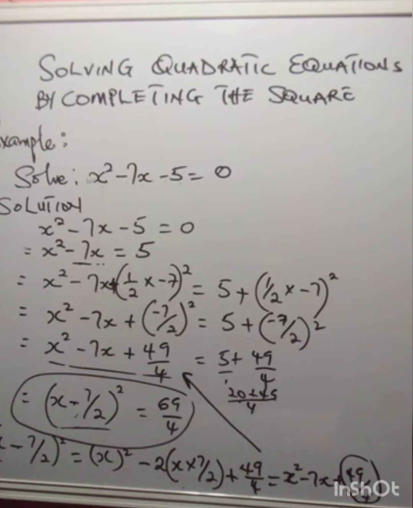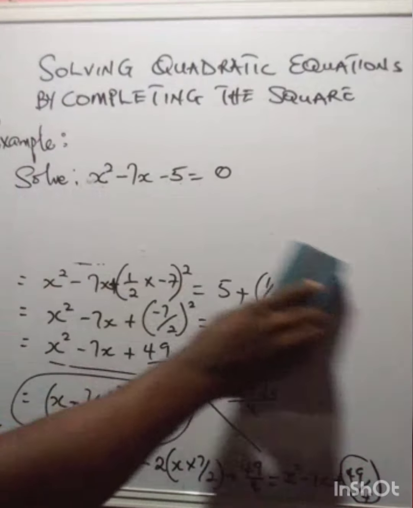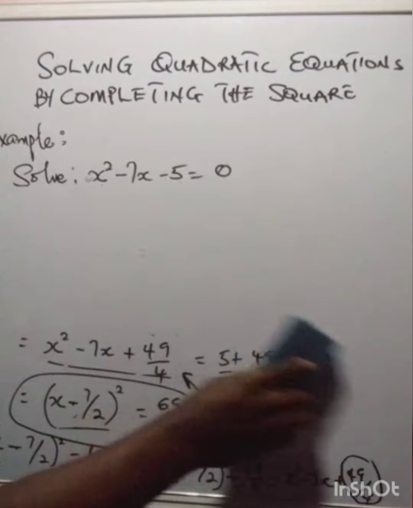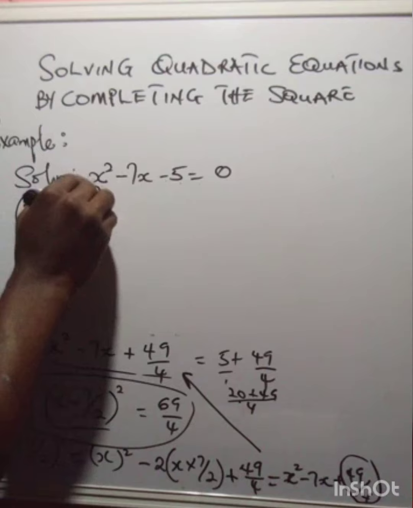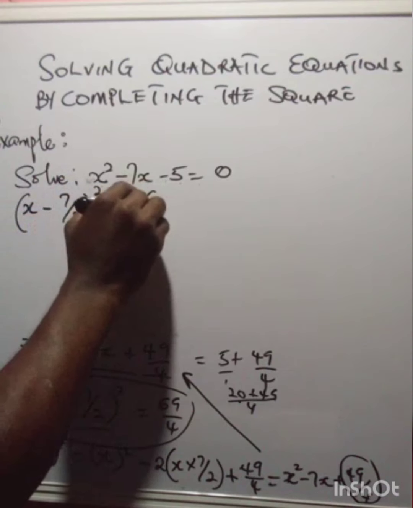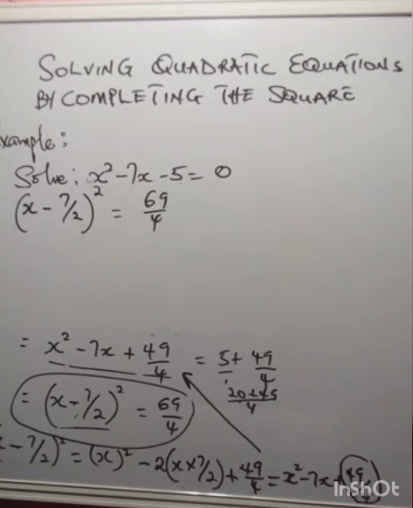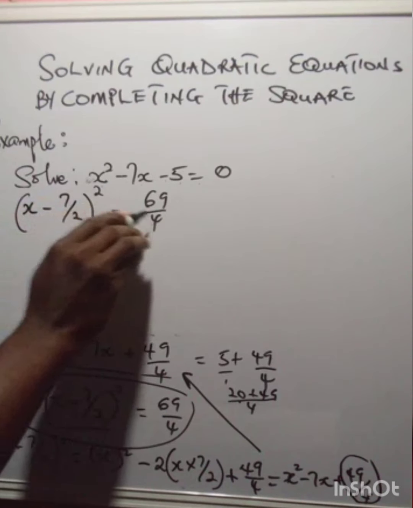Okay, we continue. Remember we have x minus 7 over 2 all square equals 69 over 4. We have to take the square root of both sides.